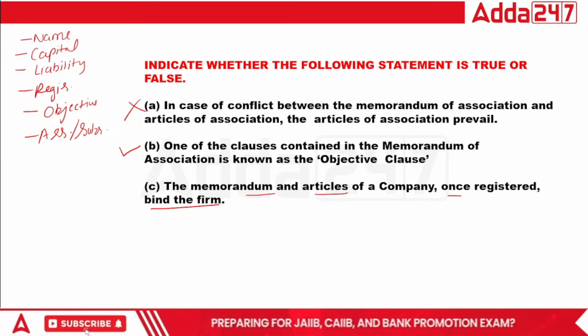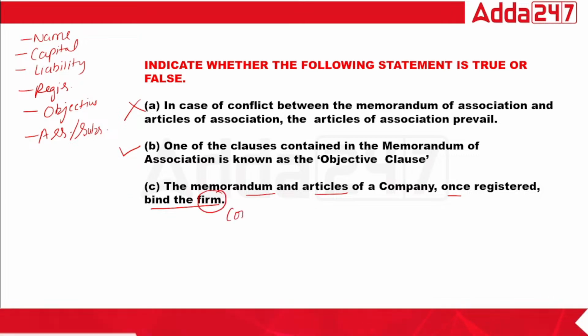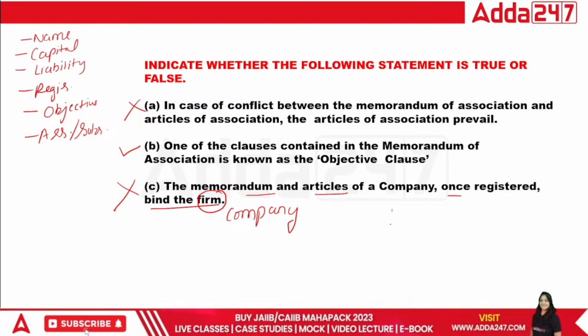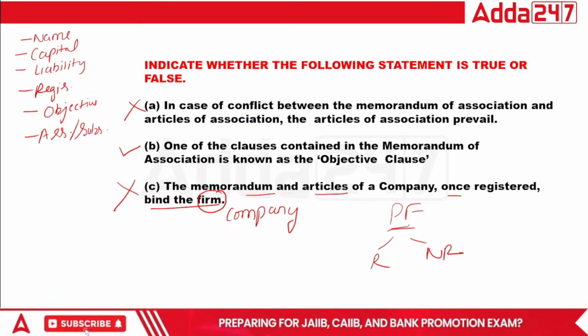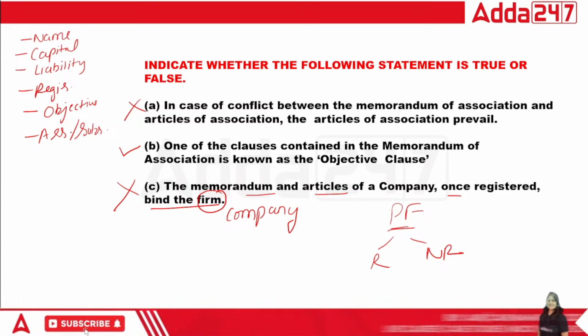The answer is not firm, but it binds the company. So this is wrong. Because firm, we know that in a partnership, it may be registered or not registered. It is optional for a partnership firm to be registered or not. That's it. So this is the right answer.